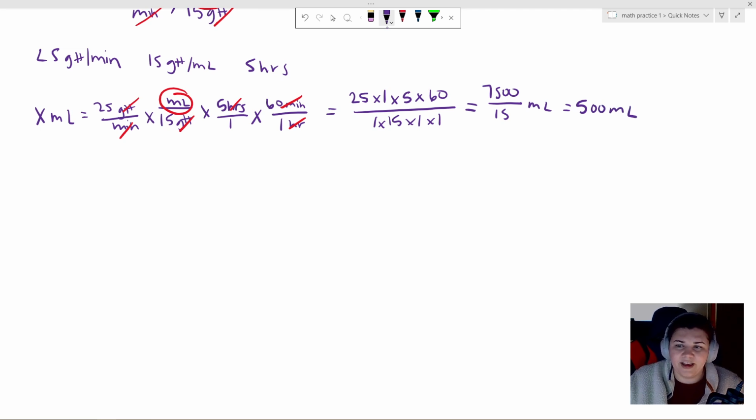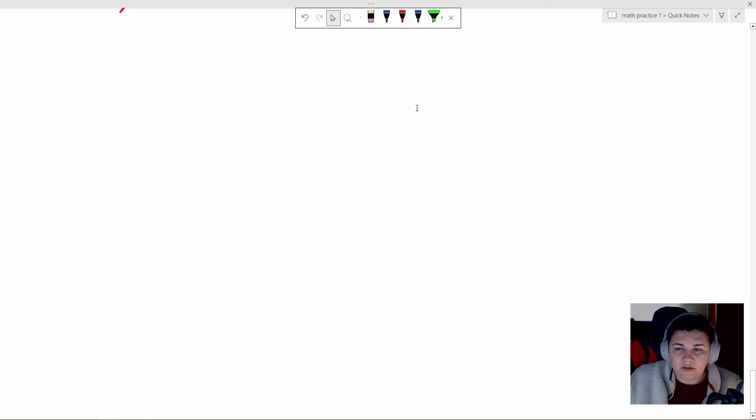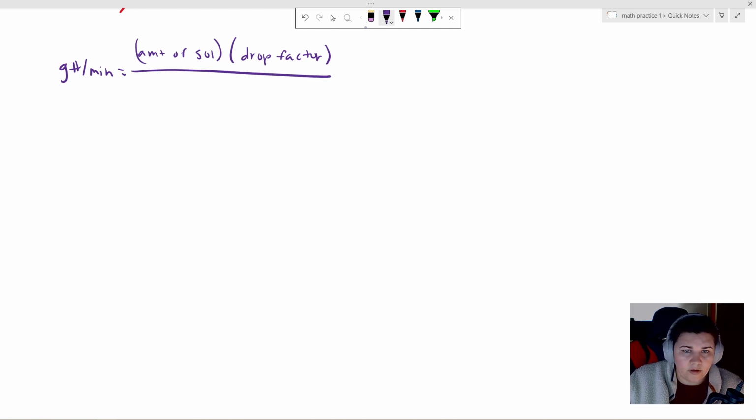All right, time for the formula. So the formula for these problems is drops per minute is equal to amount of solution times drop factor over time.